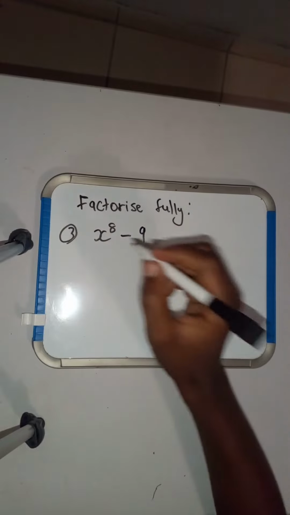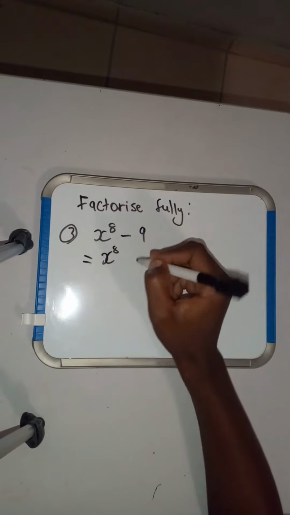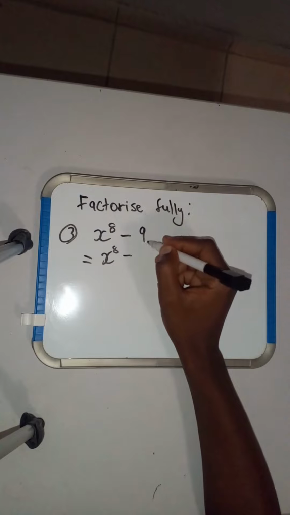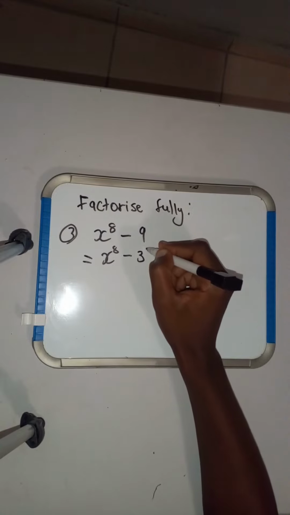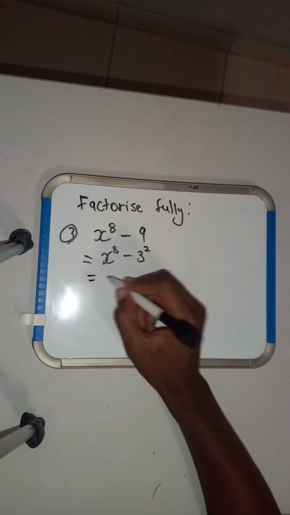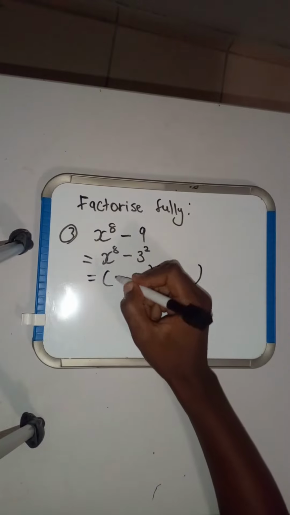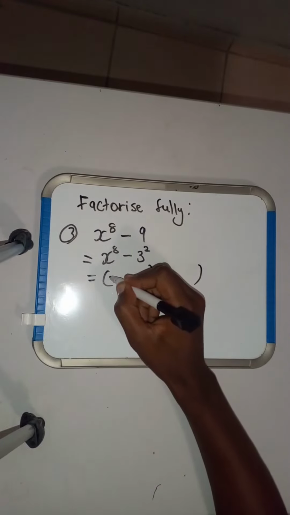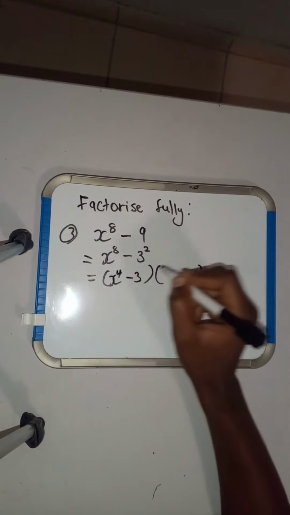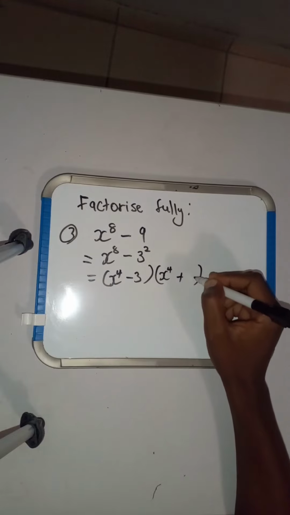Here we've got x to the power 8, which is a perfect square, minus 9, which we can write as 3 to the power 2. Then we can open our brackets. Now this is going to be x to the power 4 minus 3, and this is going to be x to the power 4 plus 3.